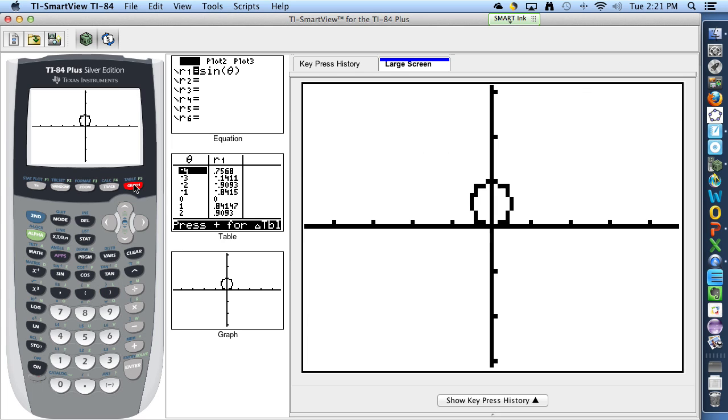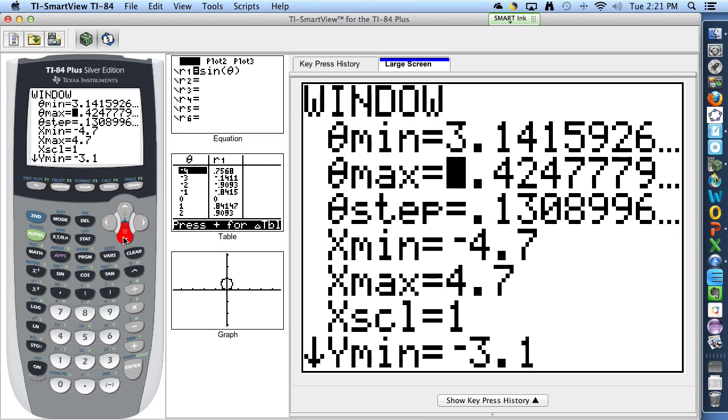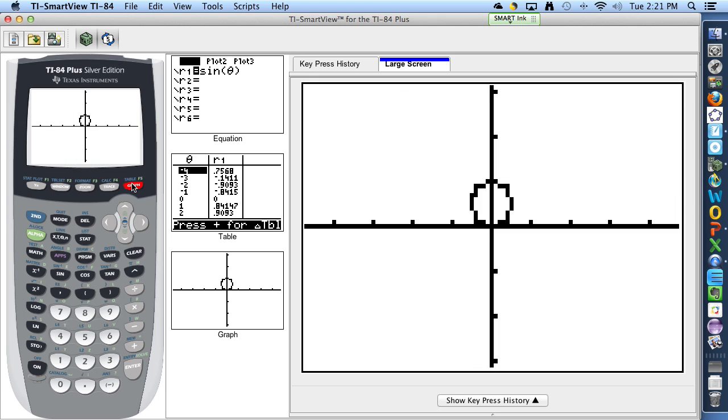Yeah, that's pretty small, right? So maybe I'll do like window. Oh, all right. So horizontal tangent line here, horizontal tangent line there. If you calculated the theta value, you'd probably find that that was at 0, pi over 2, and pi.